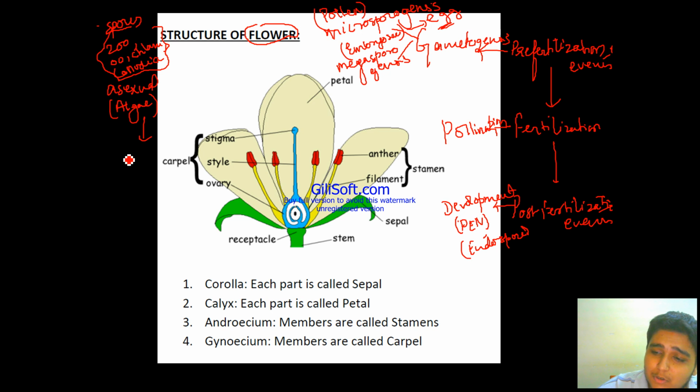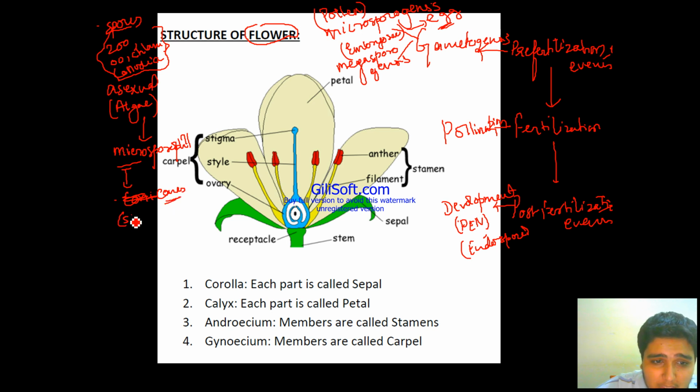Post that, if you're talking about pteridophytes and gymnosperms, then we talk about microsporophylls. Very interesting structures, right? Microsporophylls, and they were present in structures called cones.